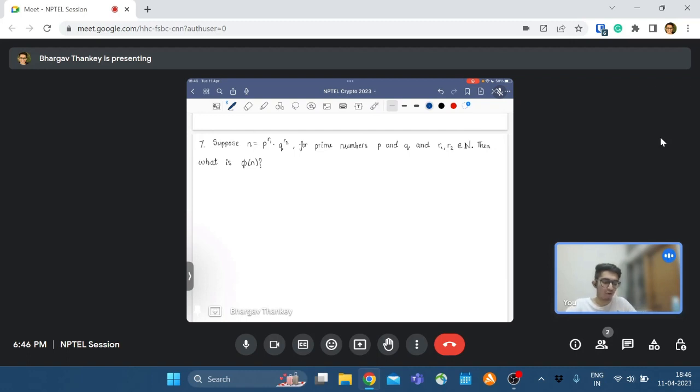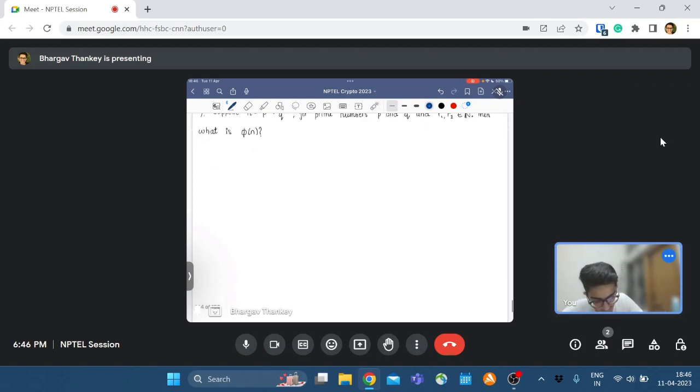That is, what is this phi n? It is the number of elements in the set defined as 1 to n that are co-prime to n.